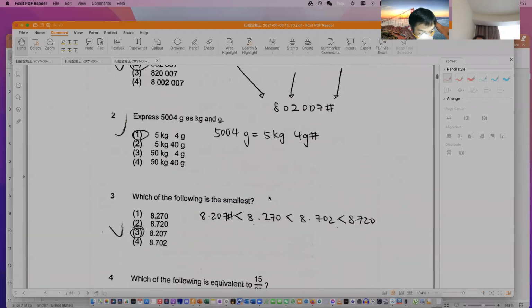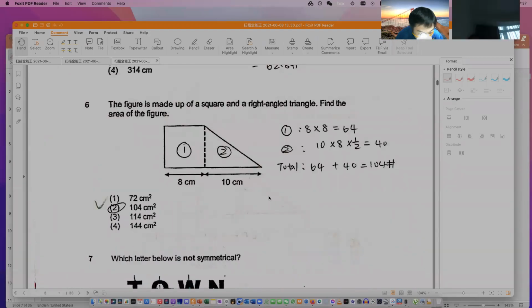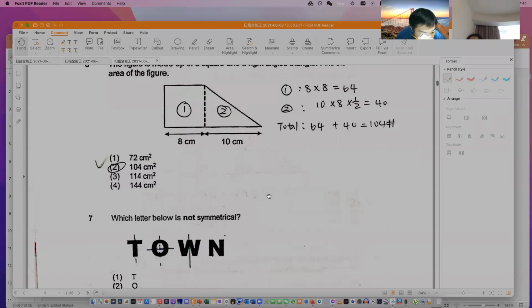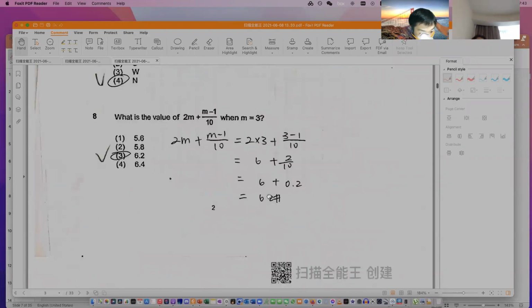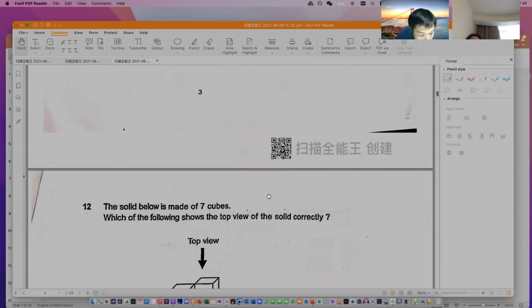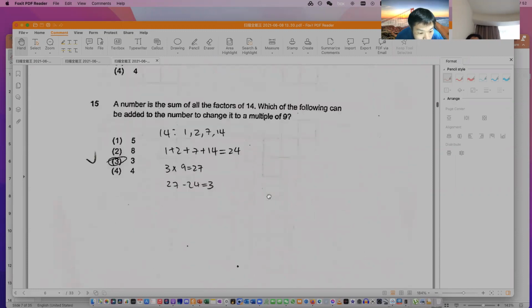Let's look at this. Okay, MCQ looks good. Very good. So once again, you score full marks for your MCQ.